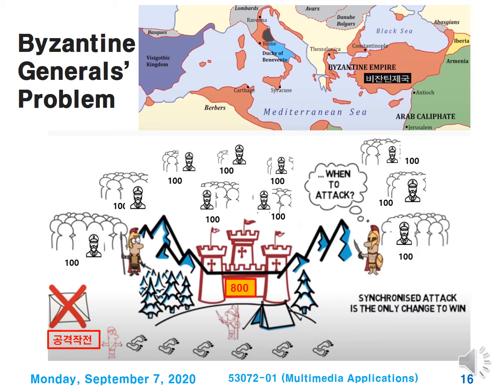Each general has military power of 100. They want to collaborate to attack some castle.